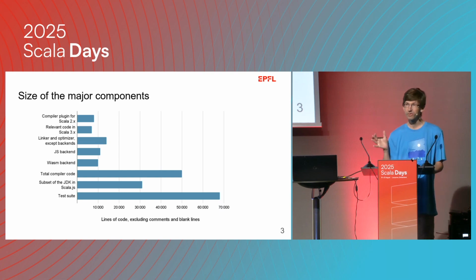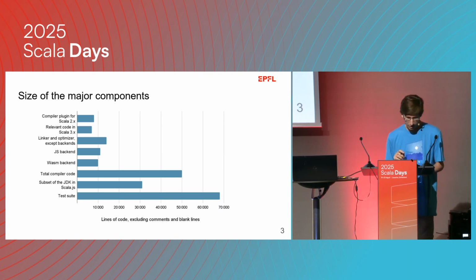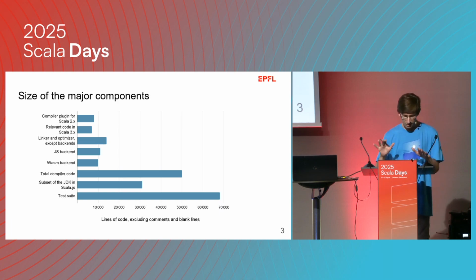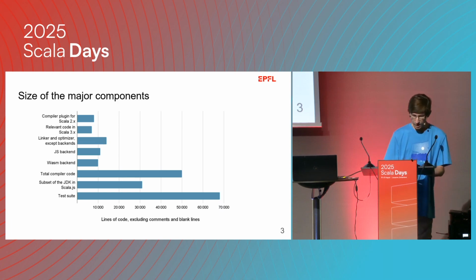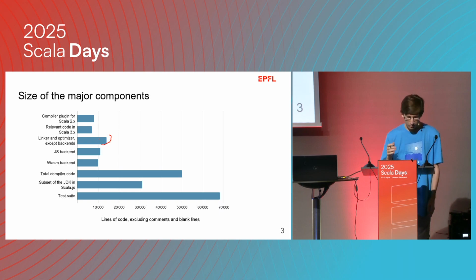The equivalent code in the Scala 3 compiler is about 8,000. It's a little bit smaller because we made some changes inside Scala 3 to make Scala.js a little bit easier, but it's about the same scale, right? Then we have the linker and optimizer, which is shared across all Scala versions. That's a little bit more. It's like 14,000 lines of code.